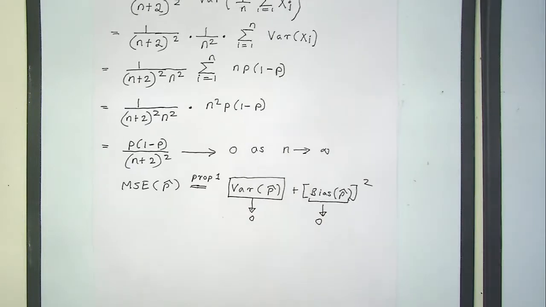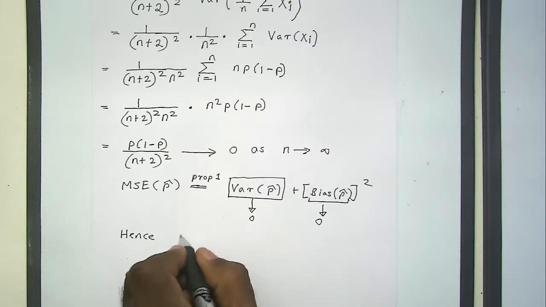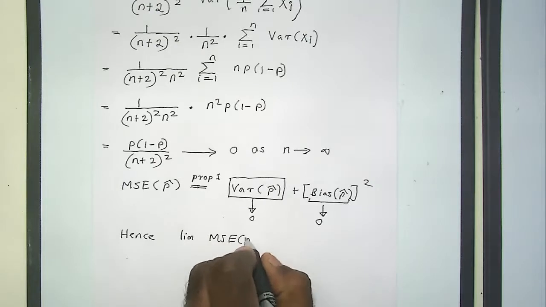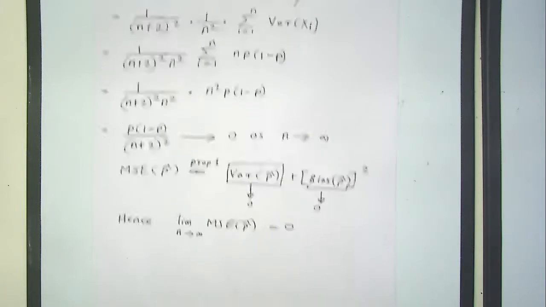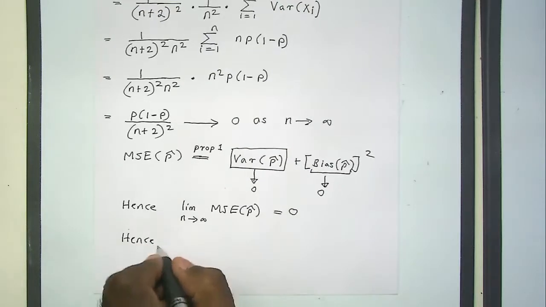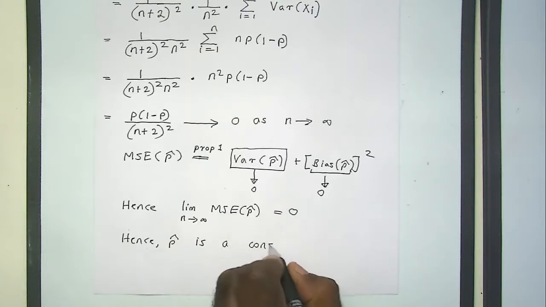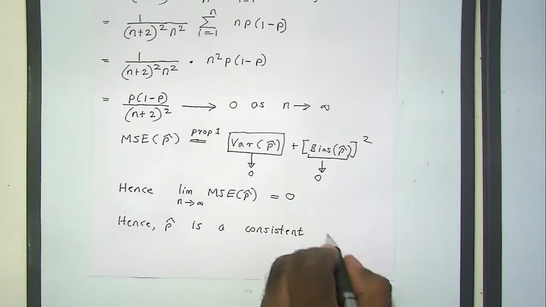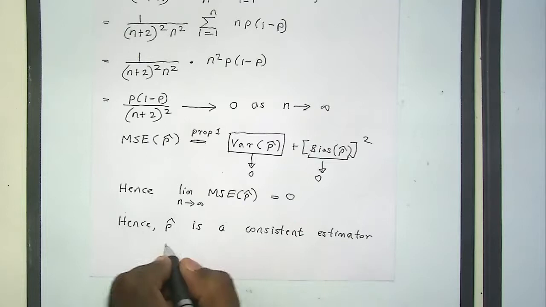So the limit of the MSE is 0, right? So hence p hat is a consistent estimator of p.